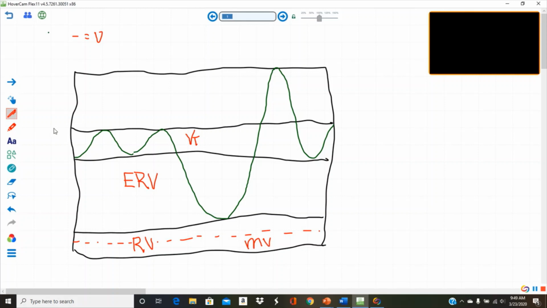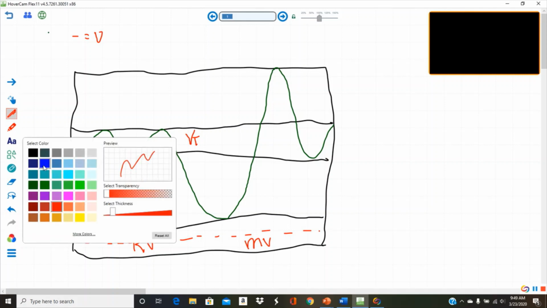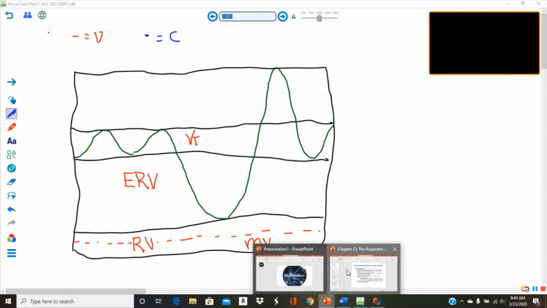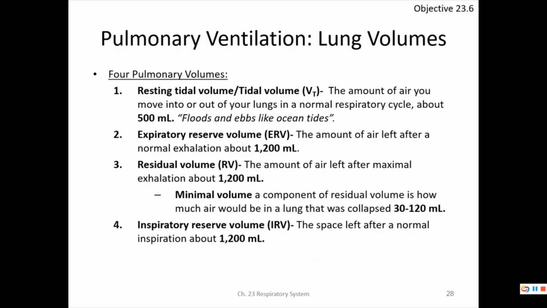Now, volumes are measured. Let's use blue to discuss capacities of that. So before we get into that, let's look at our notes here and remind ourselves that resting tidal volume is the amount of air you move in and out of the lungs in a normal respiratory cycle. Expiratory reserve volume is the amount of air left after a normal exhalation.